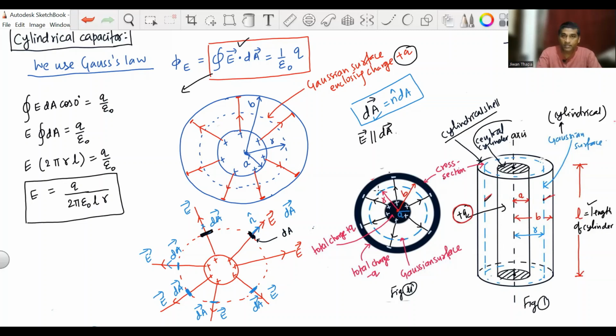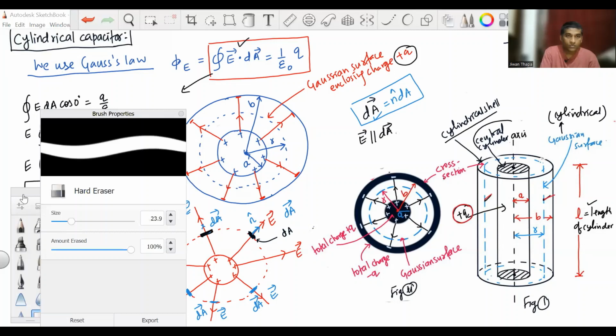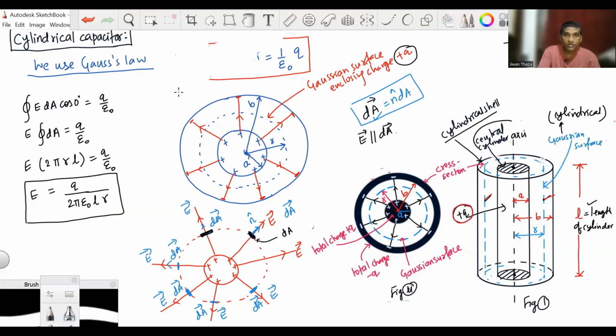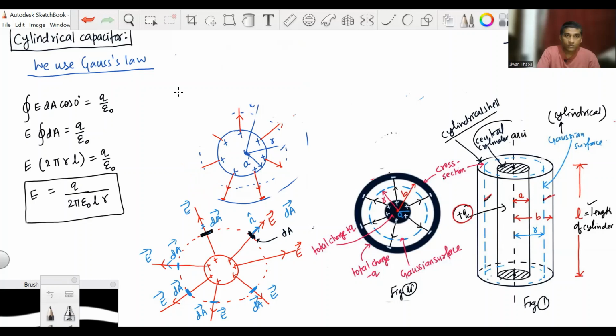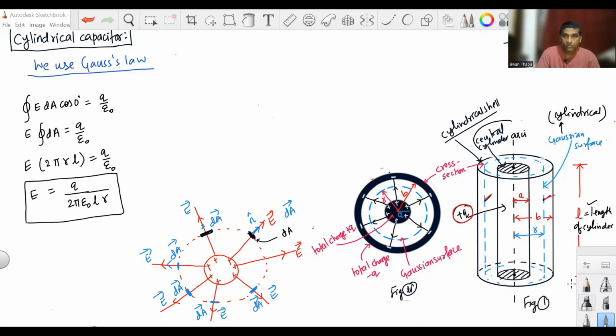And we have free space between the cylindrical cell and central cylinder. So let's call it equation 1.